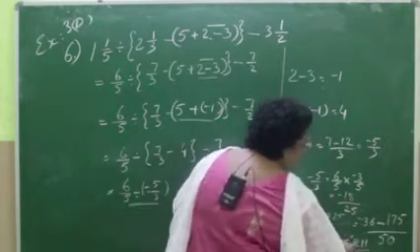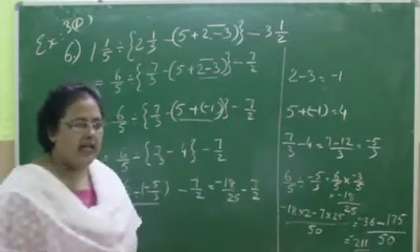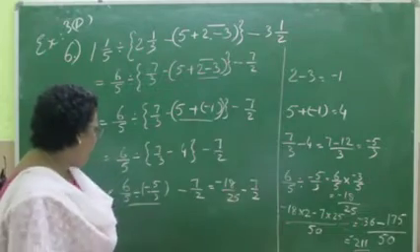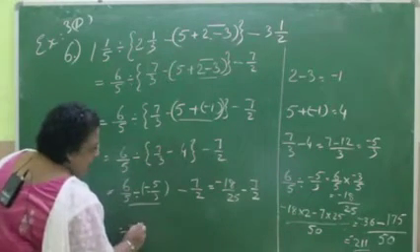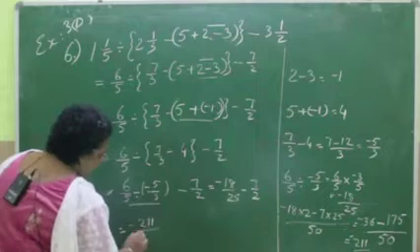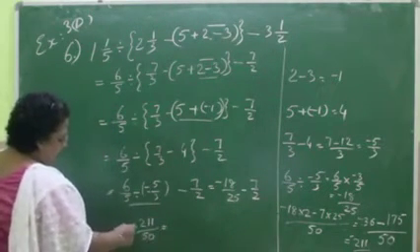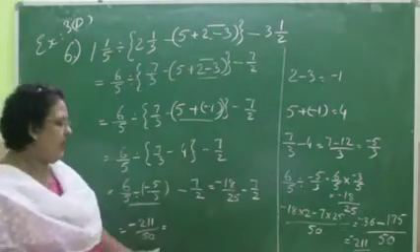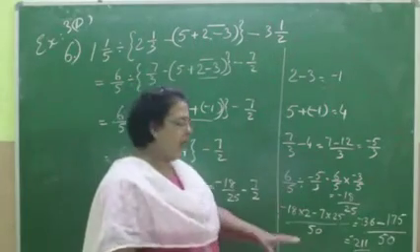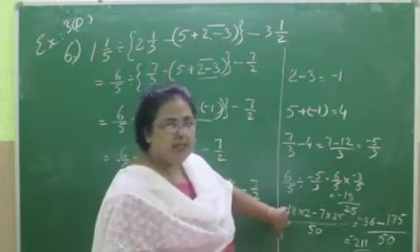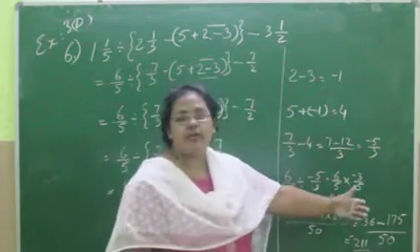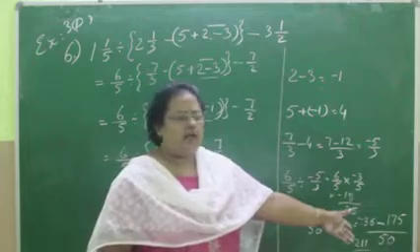You will get negative 211 by 50. So here we are writing it as negative 211 by 50. Here you have to divide it and write. Negative sign, how it came, I hope you know that. That is, here it is a minus sign number, here also a minus sign. So adding you will get a negative number itself.